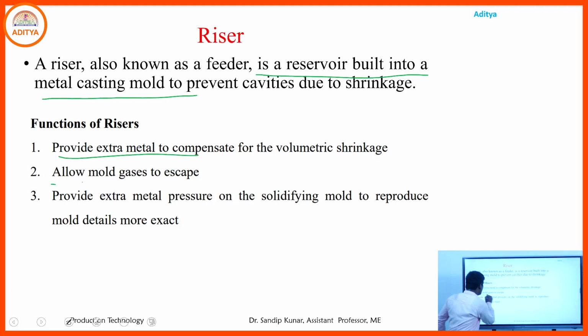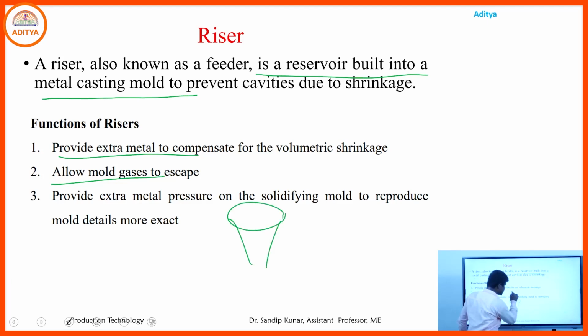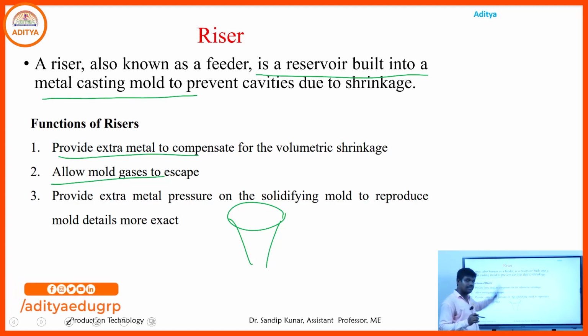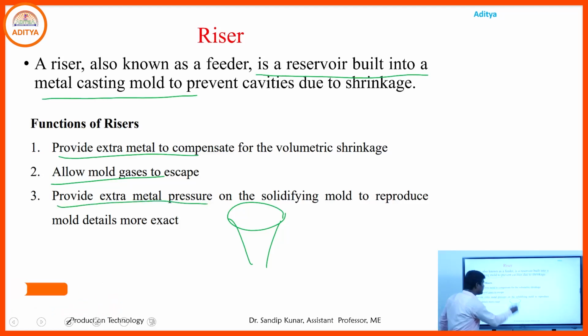Another function is to allow gases to escape. Sometimes the upper part of the riser is an open space, and through that open space the gas entrapped in the mold cavity can easily emerge out. Another is to provide extra metal pressure.